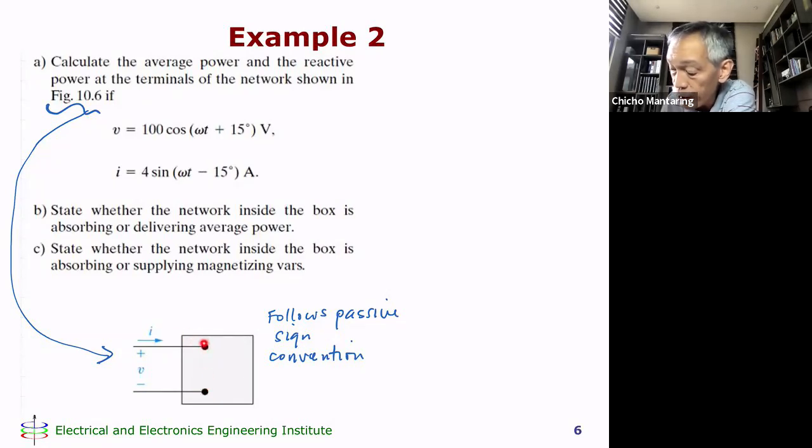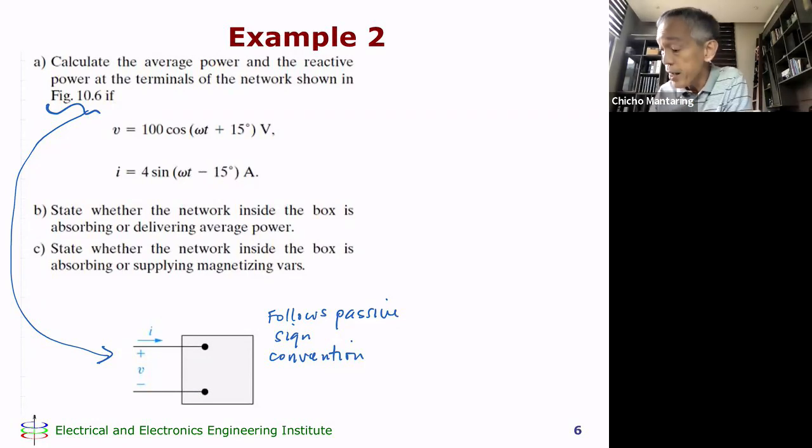And therefore the potential at the top terminal would be higher than the potential at the bottom terminal. So this follows the passive sign convention. Okay, so how do you calculate the power and the reactive power?